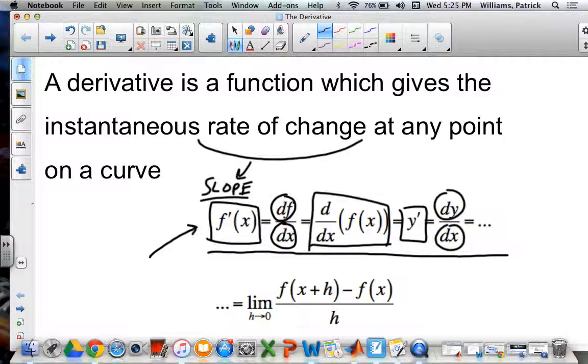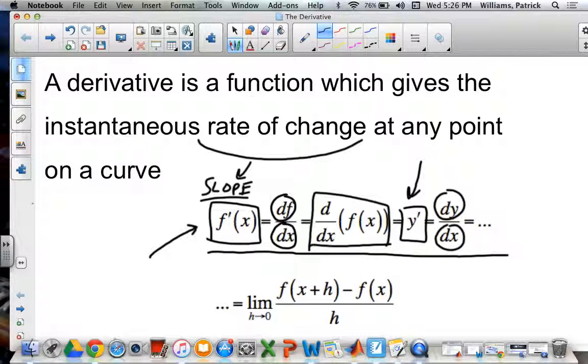In this case, f prime of x means the derivative of the function f of x. y prime means the derivative of the line y. Okay, so all of these things mean the exact same thing, and we're going to be using all of these symbols for the derivative over and over and over again throughout the course of the year. So even though there's lots to remember, trust me, it won't be that hard. Once we get into them, you'll always associate these things with derivatives.